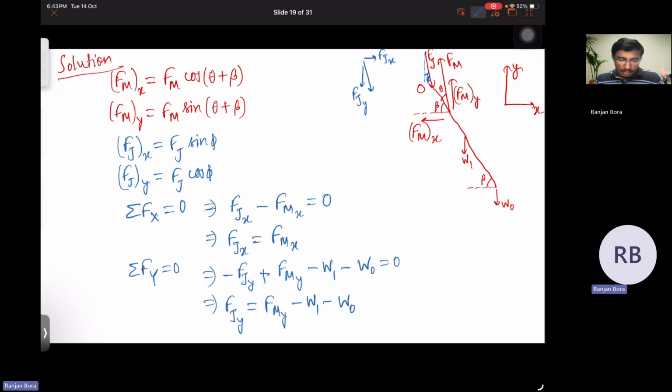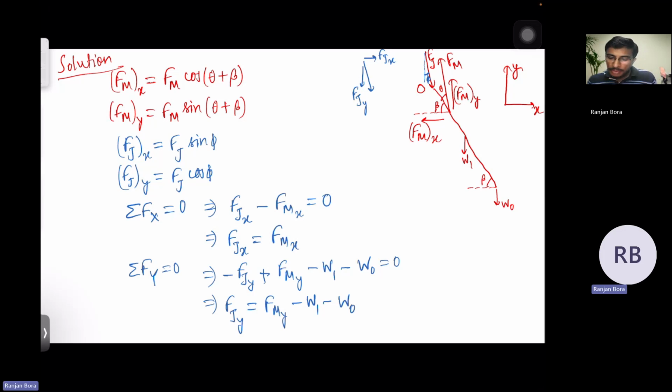Okay. And again, we need to apply the moment equilibrium equation. So we will take moment about the point O. So for doing the moment equilibrium, we need to also know the moment terms for different forces which are acting.